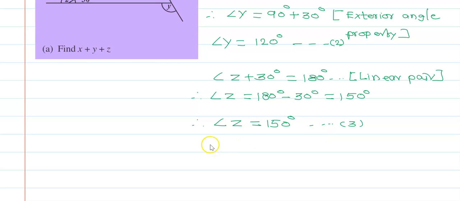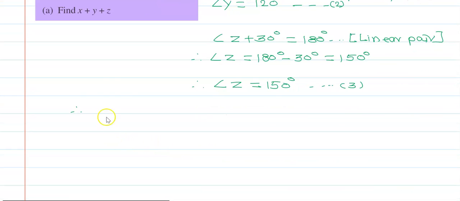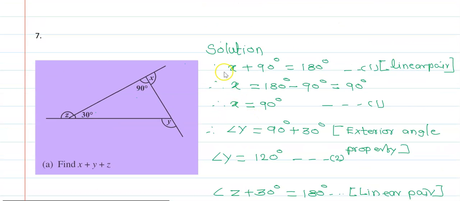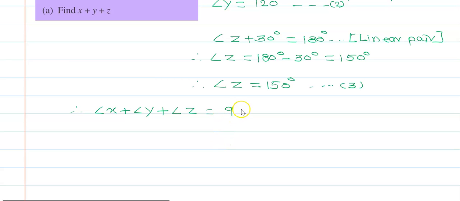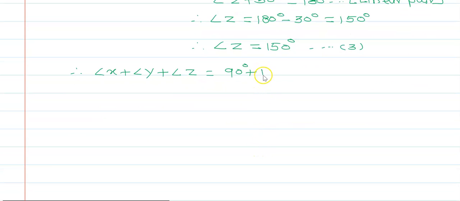Okay. Now here we want to calculate the value of x plus y plus z. Therefore, the measure of angle x plus the measure of angle y plus the measure of angle z. What's the measure of angle x? Measure of angle x is 90 degree. Measure of angle y is 120 degree.